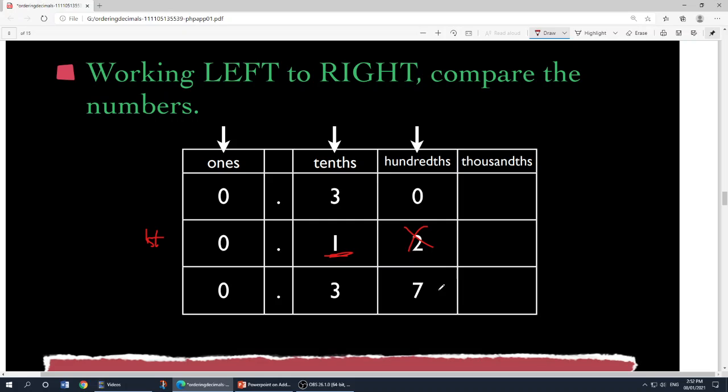Which hundredths out of these two that are left are the smallest? Well, that would be 0 hundredths. So this is the next smallest. Or the next biggest, really. Okay, and then this one is the largest number, 0.37, because we've got 3/10 and 7 hundredths. So that's kind of come in third.